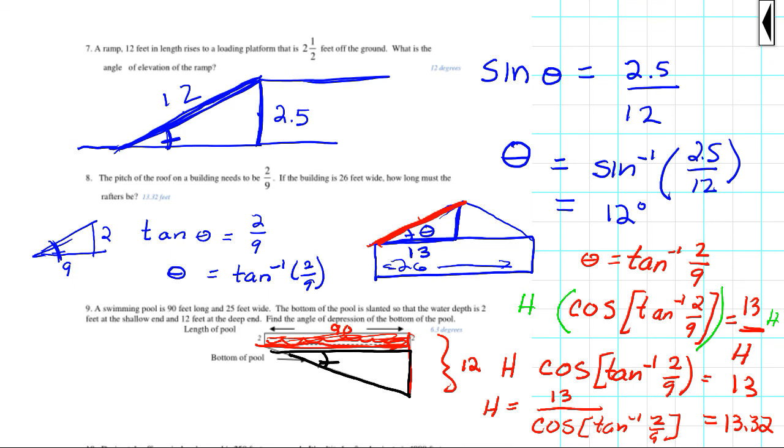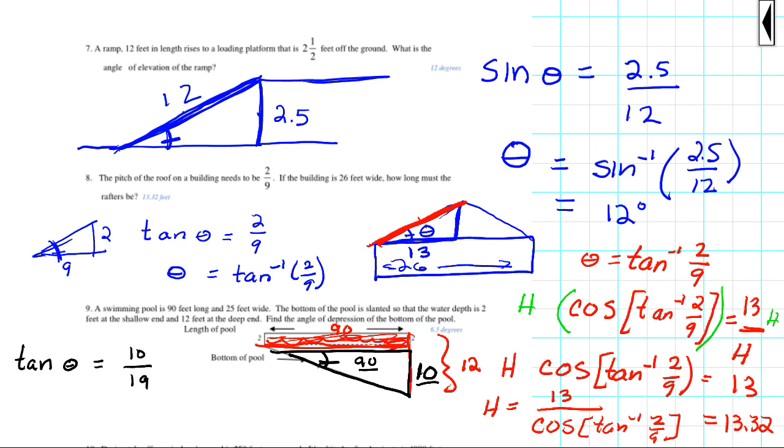The length of the side opposite is 10, and the length of the side adjacent is 90. And we're trying to find the angle, so if we've got the opposite and the adjacent, we are going to use the tangent formula. The tangent of the angle is equal to the length of the side opposite divided by the length of the side adjacent.